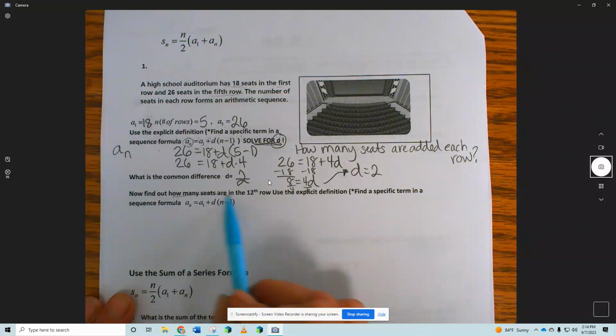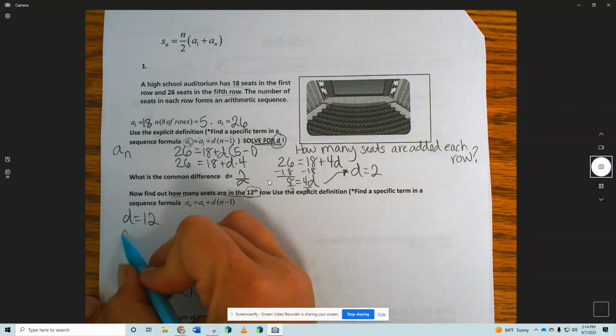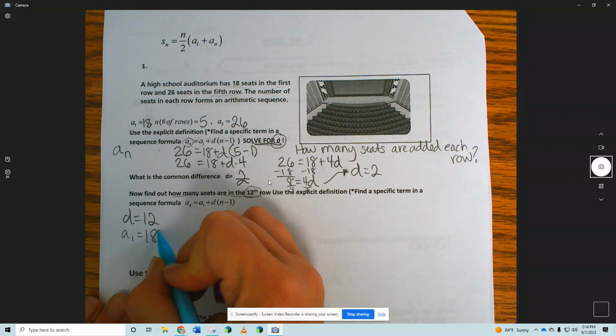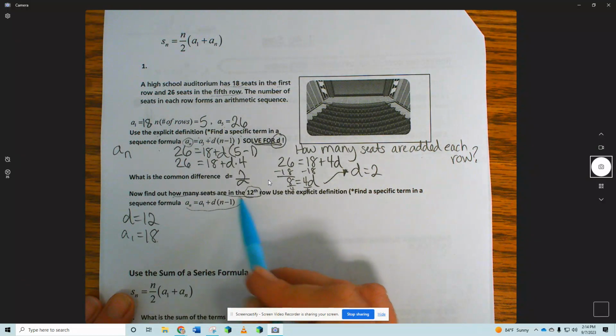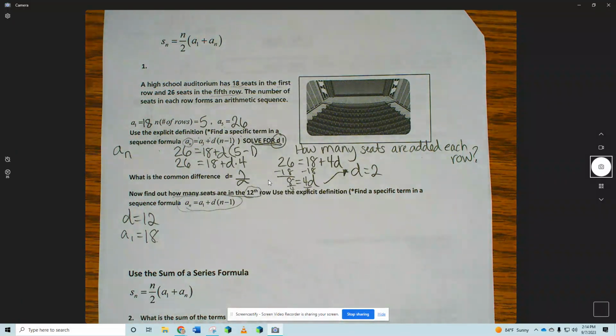Now find out how many seats there are in the 12th row. N is 12. A sub 1 is 18. You can totally do this just like last night's homework and like bell work today. Plug in the common difference and plug in A sub 1.